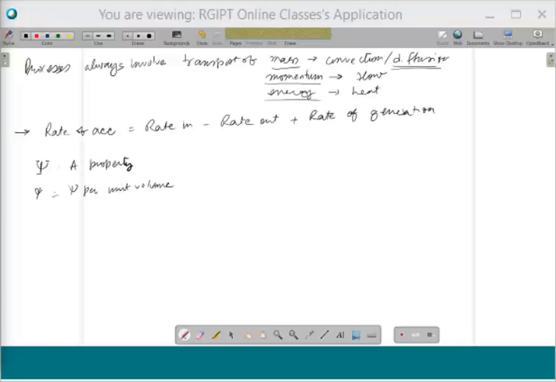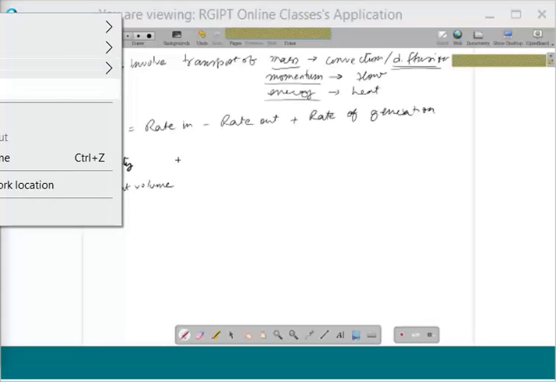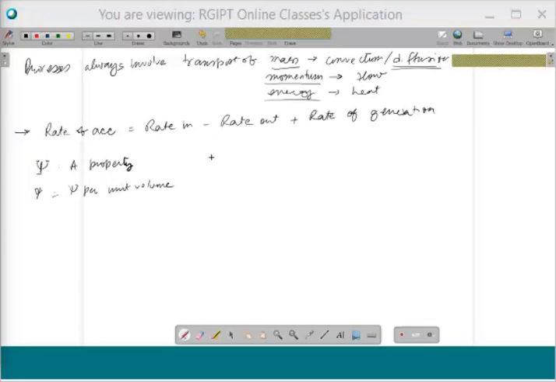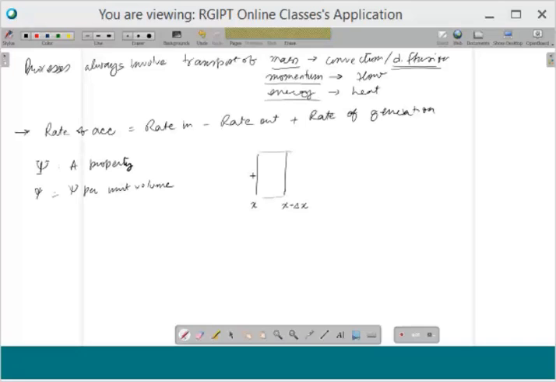Now we consider, for example, one-dimensional transport of property psi. You are trying to account for the property psi, so we consider a strip between x and x plus delta x.